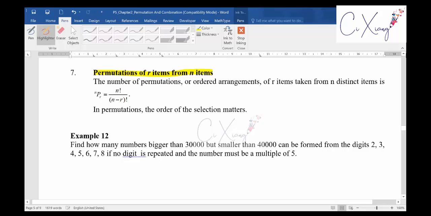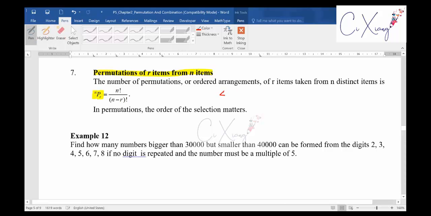If you now have more items, like 10, and you only want to arrange maybe 8 of them, so 8 out of 10, you have more items than what you want to arrange. Usually when you have this kind of situation, you are going to use the nPr formula. That's why in the previous examples, sometimes you will see that I write out nPr. So this is where we use it.